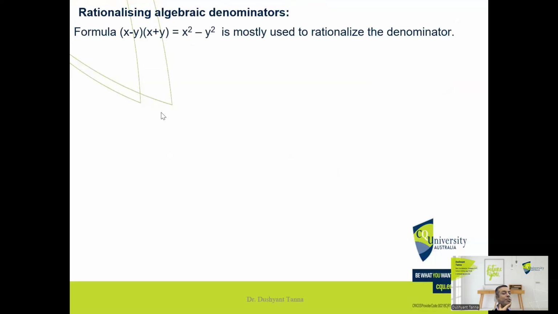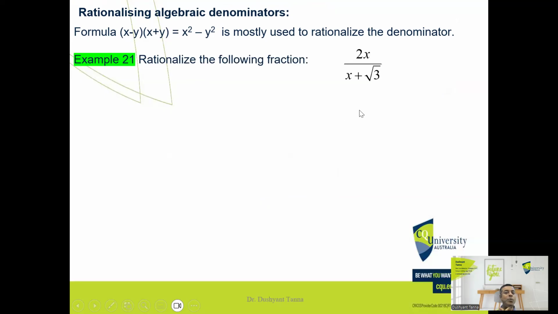The next section is rationalizing the denominator. Sometimes the denominator is very horrible, containing surds or square roots. So we use the fact that x minus y times x plus y makes x squared minus y squared. We don't like to keep a root in the denominator. So we multiply by the opposite sign of the denominator: if the denominator is x plus root 3, we multiply by x minus root 3.